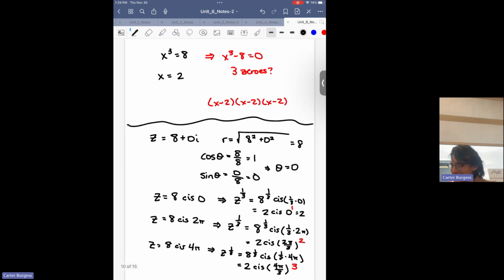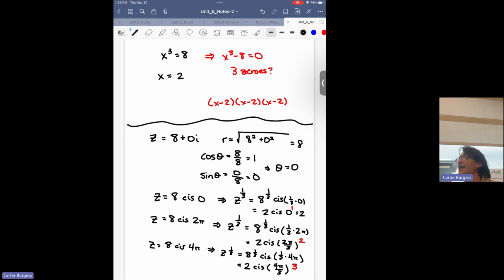But in fact, is it a brand new solution? No, it's equivalent to the first one. And if we were to try 8 pi, we would get something that's equivalent to the second one. And if we were to try 10 pi, we would get something that's equivalent to the third one. So it's not that we can't keep going. It's that if we keep going, we're just going to get repeating solutions. And so we can stop once we are happy with having our third solution.